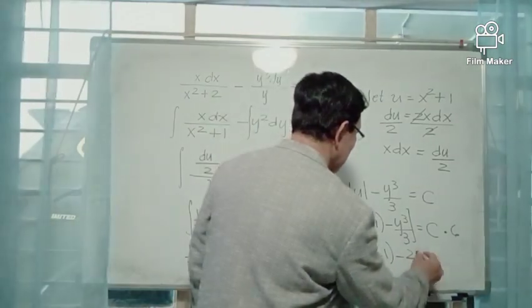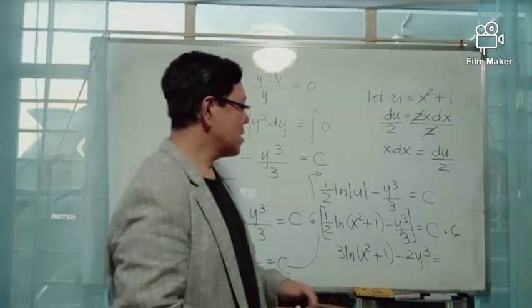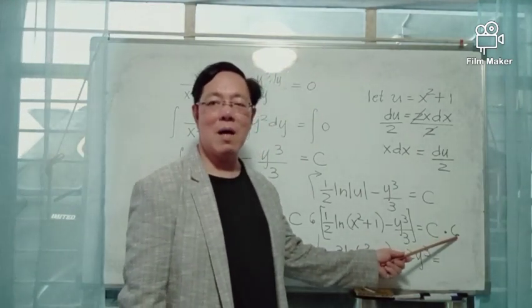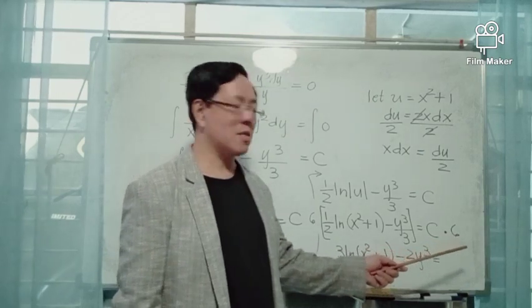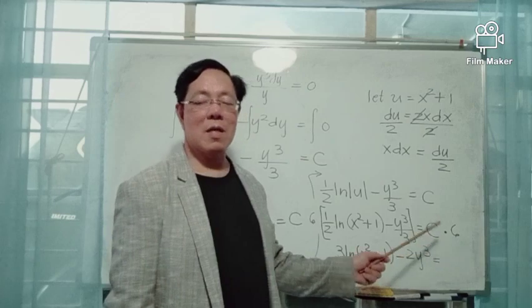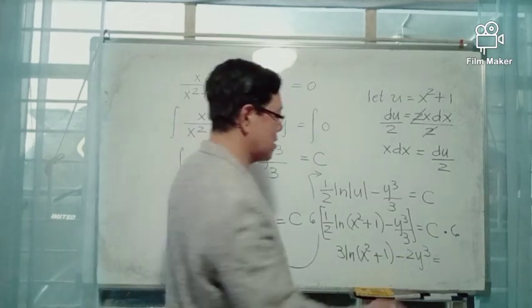Negative 2y cubed. And any constant c multiplied by a constant 6, the product is still a constant. 6 multiplied by any constant is a constant, and we denote that constant by capital C.